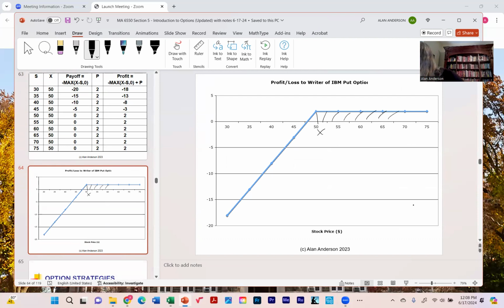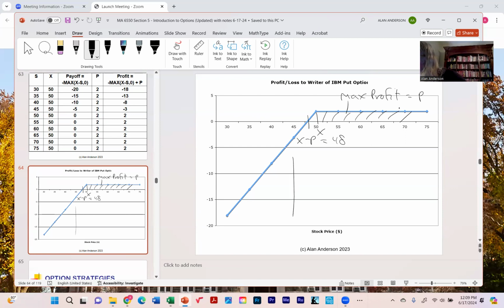Here's your maximum profit of $2, which simply means you're collecting the premium. And then, of course, here's our break-even point, X minus P, which is 48. And then after that, it's all downhill, except here there is a cap on our losses if the stock price goes to zero. That's as bad as it can get.